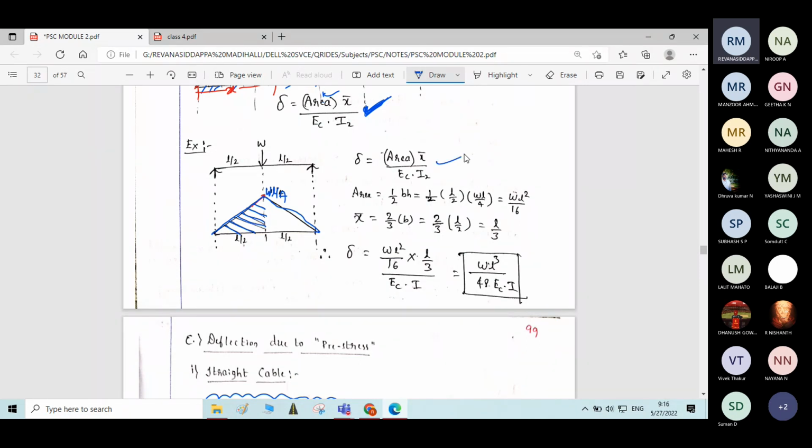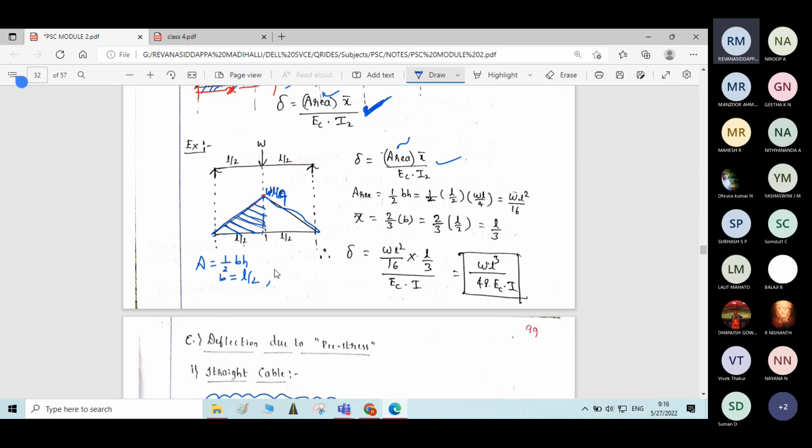Then, utilizing this generalized formula, I have determined the expression for this deflection, where A is the area of this shaded portion, half of this bending moment diagram. So how much will it be? It is a triangle. Area of triangle is half into base into height, where base width is L by 2 and height of the triangle is WL by 4.